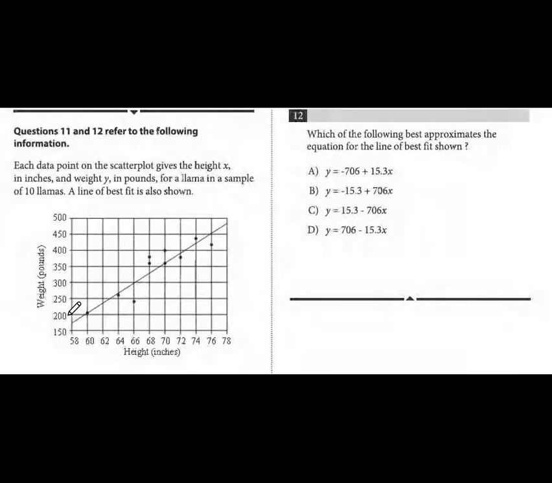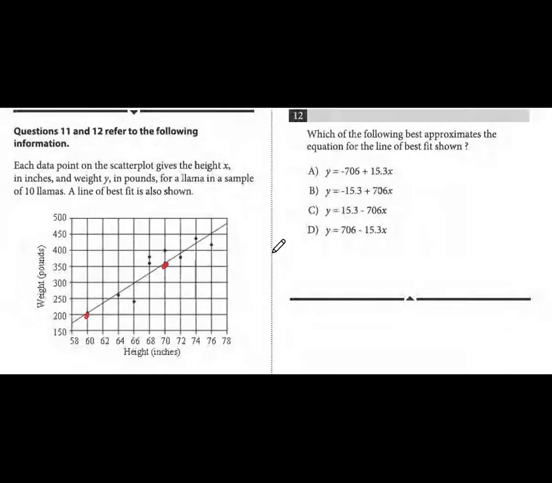Well, in this case, we don't actually start at the y-intercept. We start at 58. So we do need to backtrack to x equals 0 to find the intercept. But first we have to find the slope. So let's just use these 2 points because they're probably pretty easy to work with.